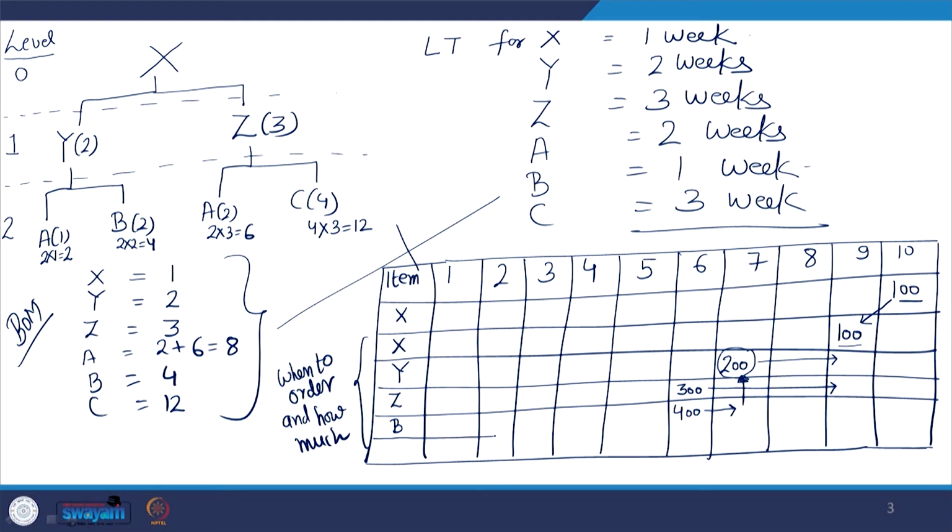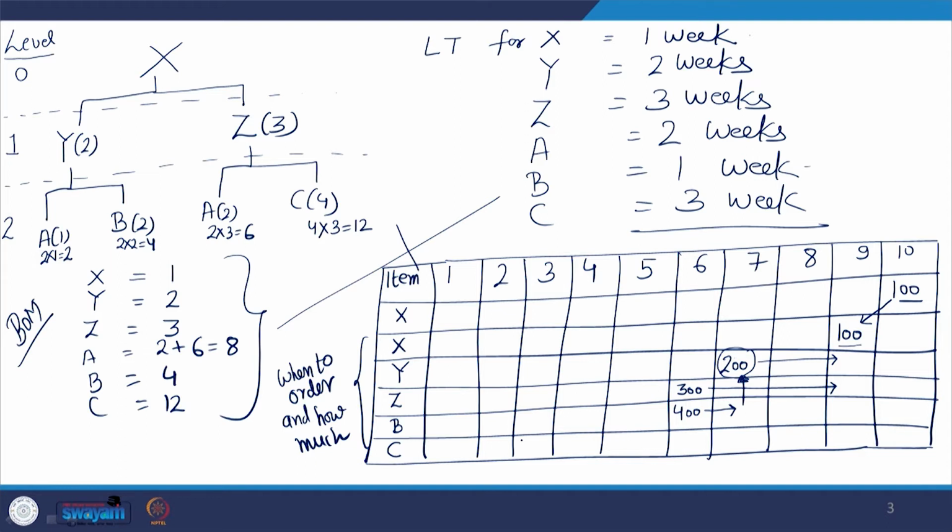Then comes C. C is required for Z and C has a lead time of 3 weeks. So, Z is starting in the 6th week. So, I have to place order 3 weeks before, means in 3rd week, and how many C's? 12 C is required for 1X.